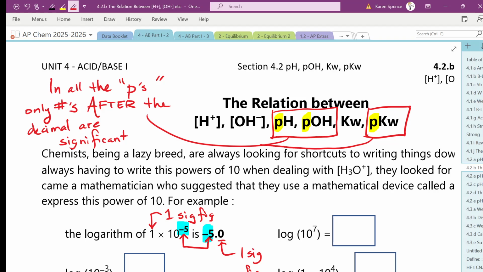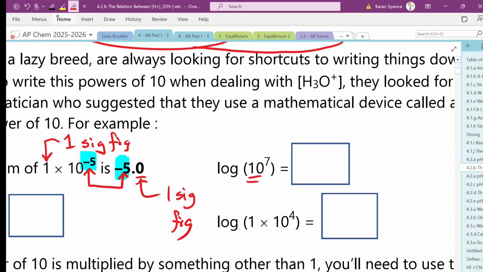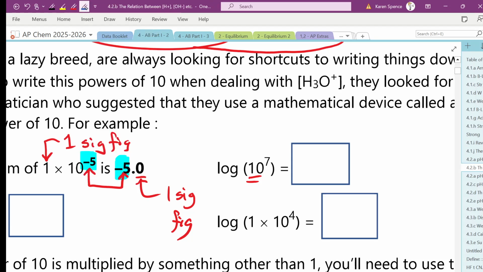Is it too late to ask what a log is? Oh. Yeah, no. Not too late to ask what a log is, which is what we're doing right now. When you take the log of something, you're saying, if I'm in base 10, okay, so if my number is 10, and I take the log of it, and this log here has a little 10 down here that we usually don't write because it is the most common logarithm, okay?